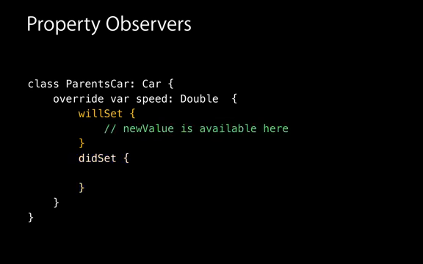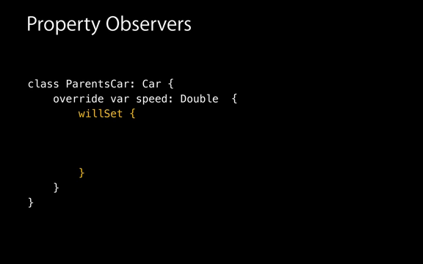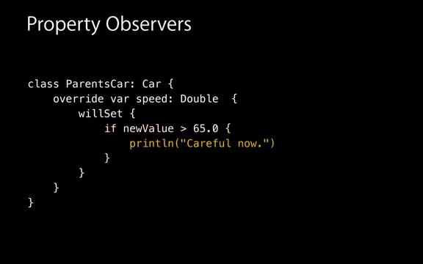Will set gets a new value constant that you can use within the body of this observer. Did set gets an old value constant, so you can see what the value was or has just changed to be within these observers. In this case, we'll just use will set, and we'll use that new value constant to keep an eye on the speed of this car. And if it goes over 65 miles an hour, we'll issue a warning. Careful now.